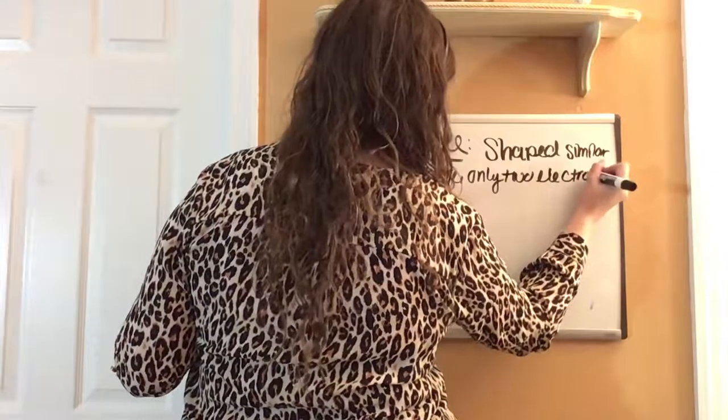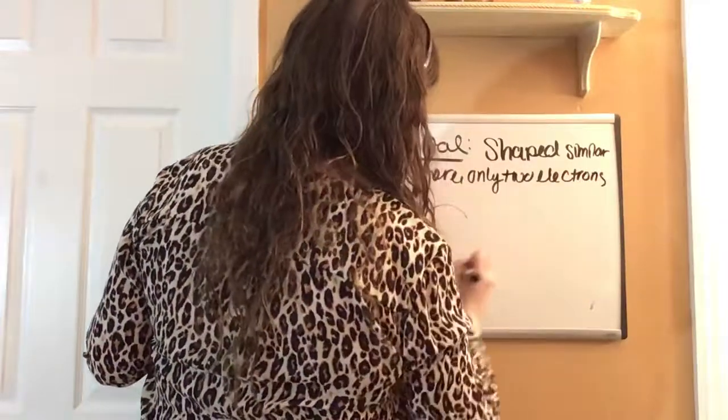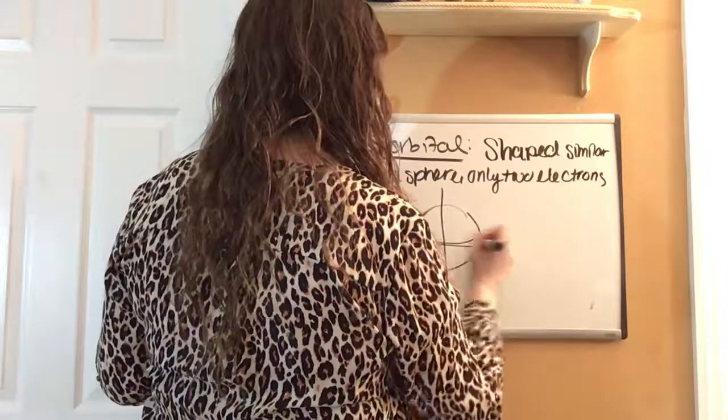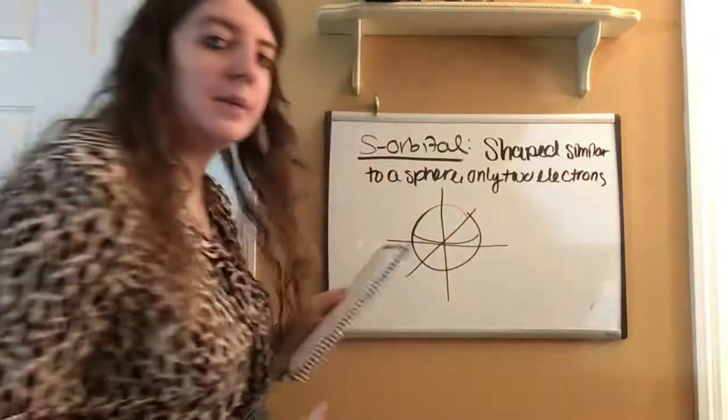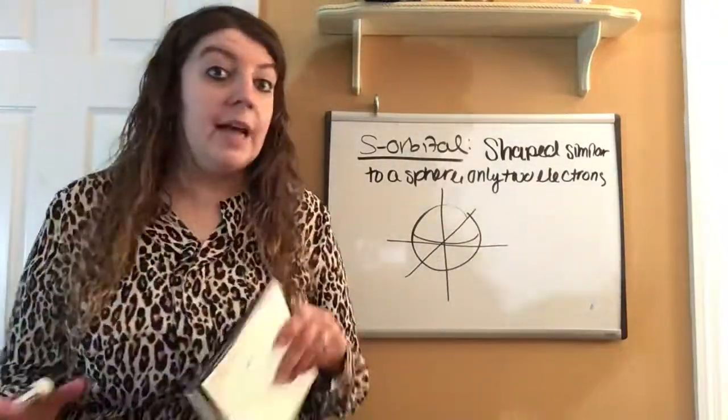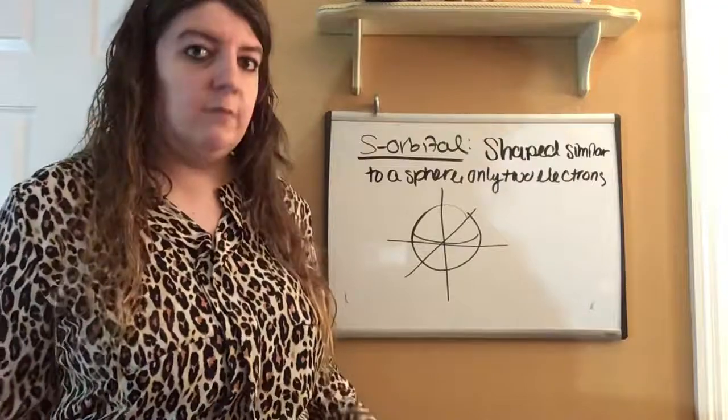And that kind of makes sense, right? Because if we draw our sphere, and then I write my X, Y, Z, it's going to be the same in all directions. So I can't have a figure 8 because it doesn't really do that.